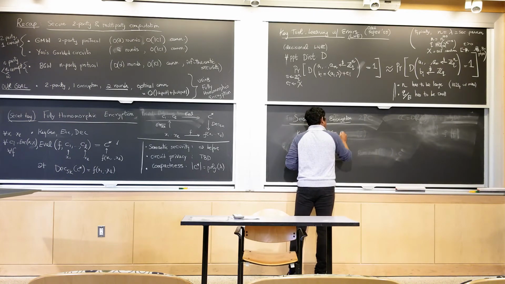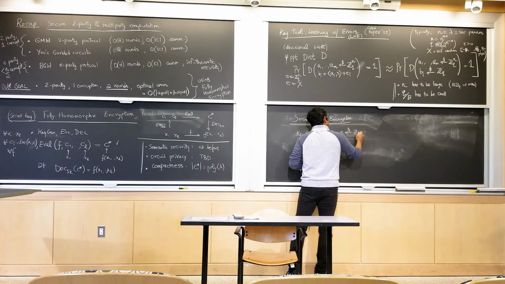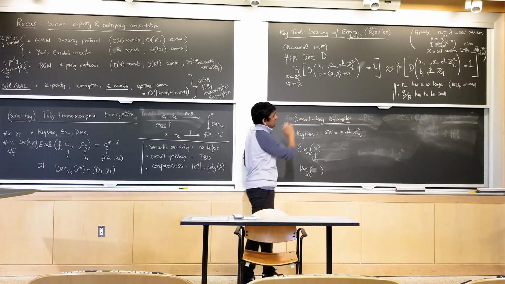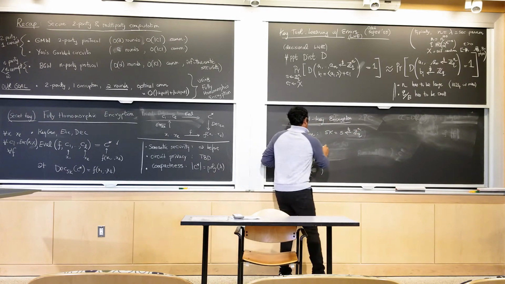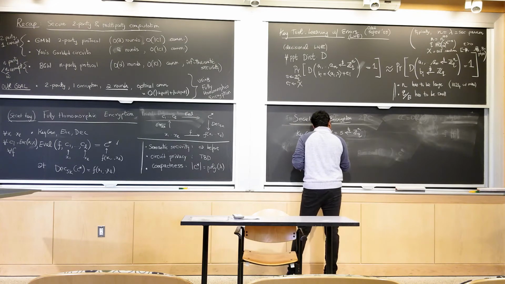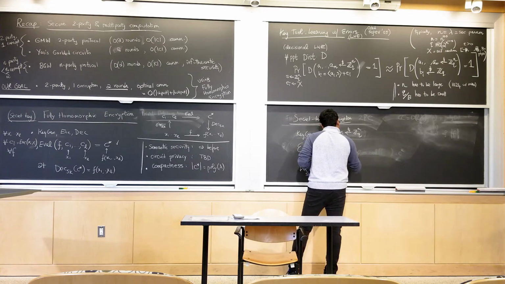The secret key is a random S drawn from Z_q^n. The encryption of x: I pick a random A at random from Z_q^n.